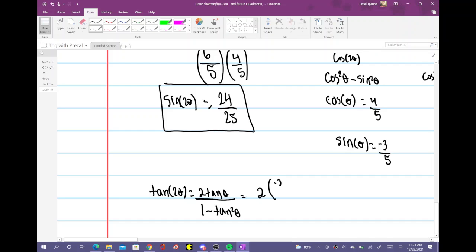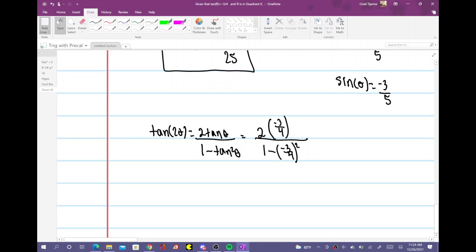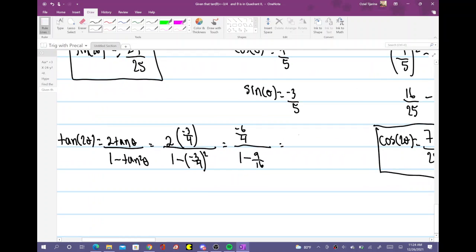So we have 2 times -3/4 over 1 minus -3/4 squared, because it's tan theta all squared. So this becomes -6/4 over 1 minus 9/16. We can simplify the numerator, so that becomes -3/2 over 16/16 minus 9/16.